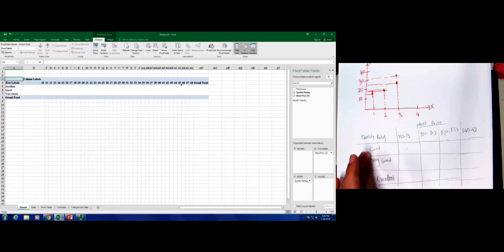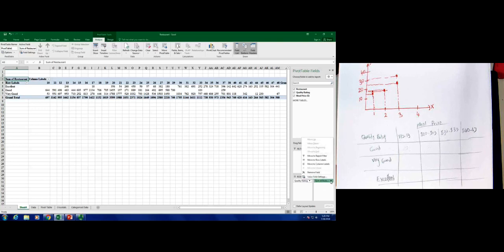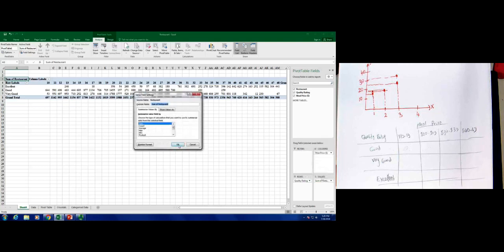As you see, we have meal prices. But now we come here, value, we bring the restaurant into the value. Now it looks weird because it sums the restaurants, but we don't want it to sum. So we click here, value field settings, count. We wish to count the number of restaurants.